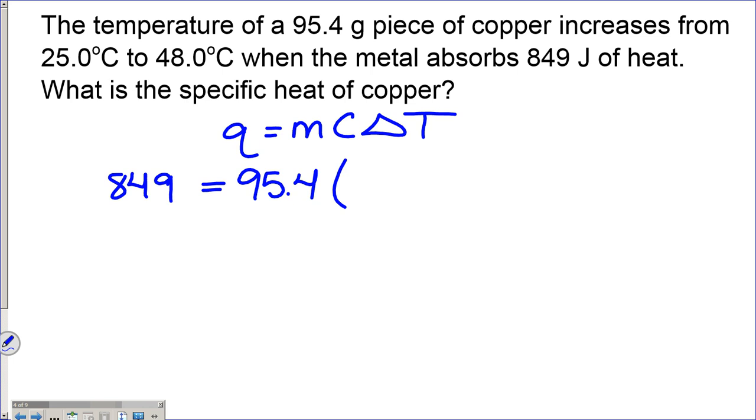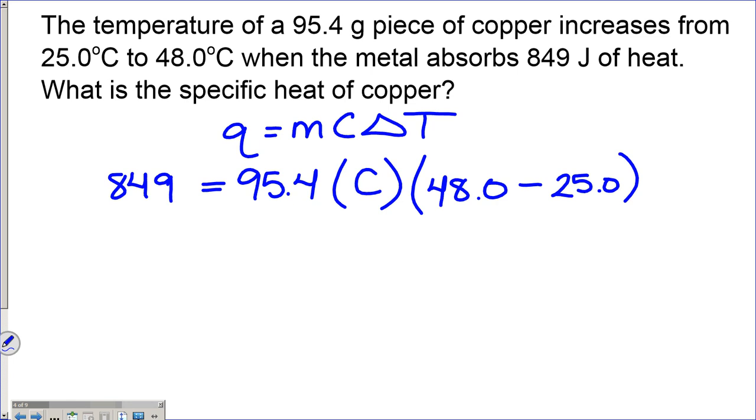It's asking for specific heat, so we currently do not know our C value. And then for our delta T, our change in temp, it says that the temperature increases from 25 degrees Celsius to 48 degrees Celsius. So remember, our final temperature is the 48 minus our initial temperature, that is the 25.